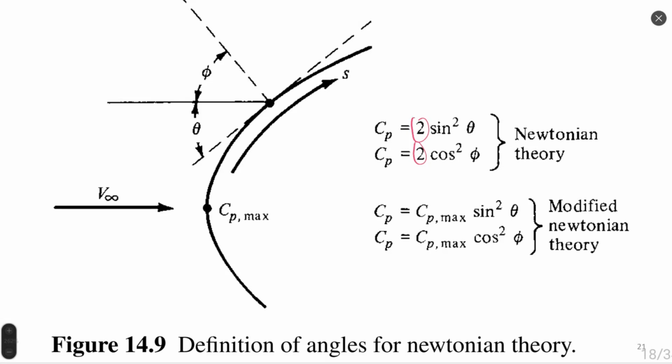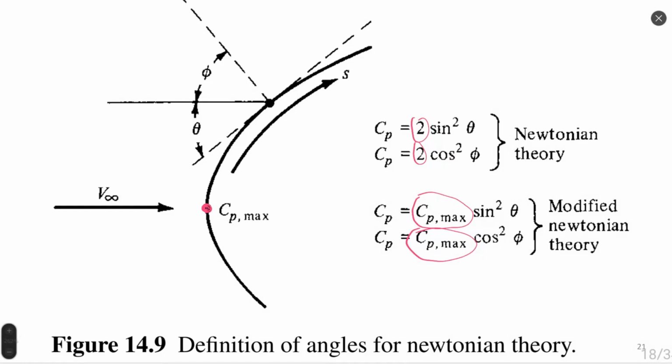As a reference for modified Newtonian theory the coefficient Cp max is used. This Cp max is the pressure coefficient which we might find at the stagnation point of an arbitrary body shape. This modified Newtonian theory gives us a better approximation of the pressure coefficient distribution along the body.